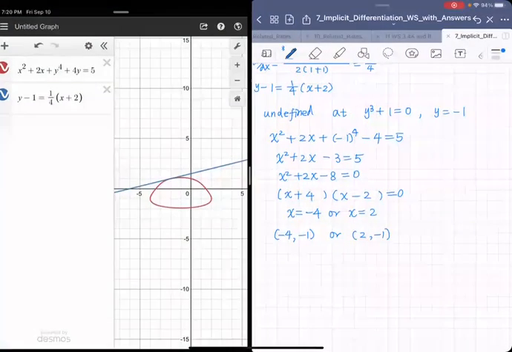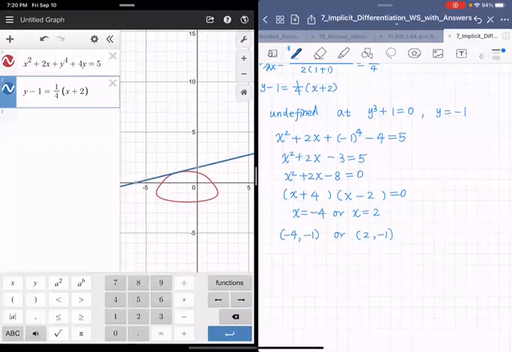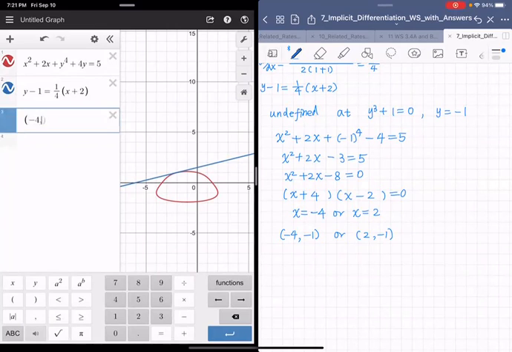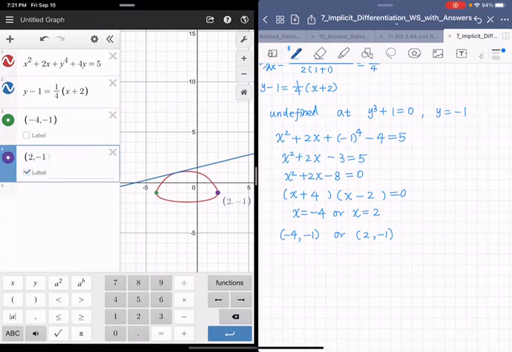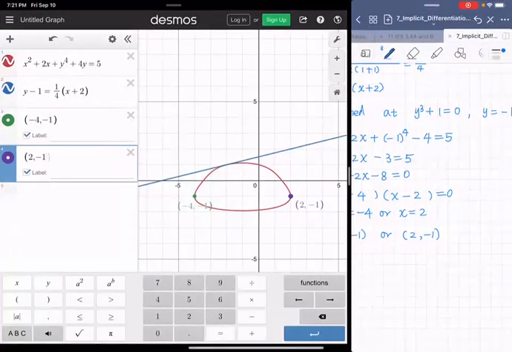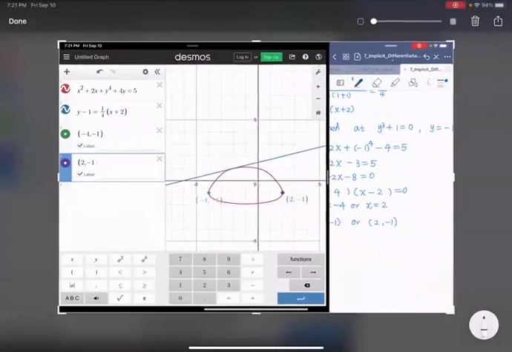Does this make sense? As we can see here, -4, comma, -1. And the other one, 2, comma, -1. Okay, this is what's going on. Very good.